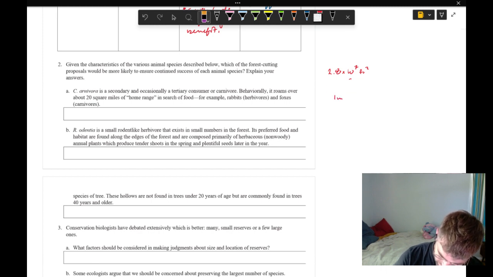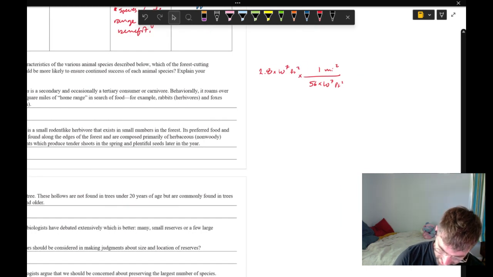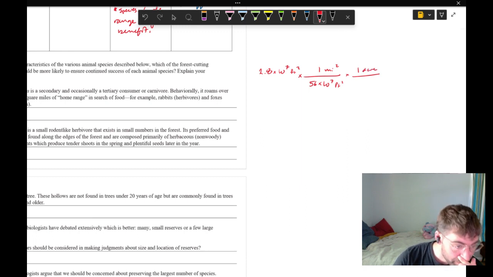Oh, that's why I'm doing it this way. Sorry. They write it out as a word problem, and I strongly dislike that, but that's fine. Per 1 mile squared. 1 acre is 2.6 times 10 to the 5th square feet.